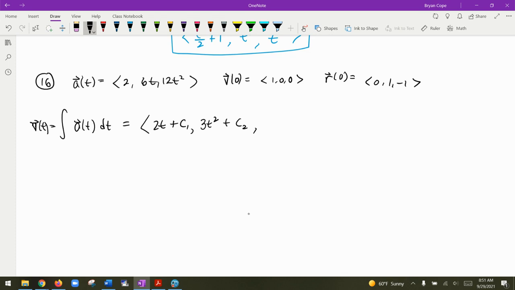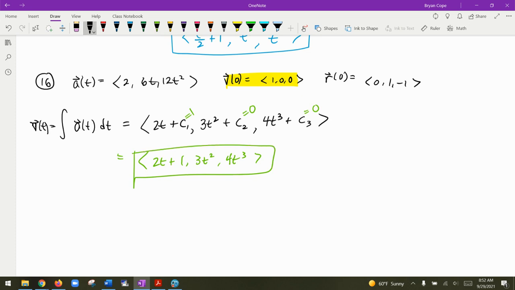And we have 4t cubed plus a constant. Using this fact that the velocity at time t equals 0 is 1, 0, 0, that requires c1 to be 1, c2 to be 0, and c3 to be 0. So our actual velocity vector is 2t plus 1, 3t squared, and 4t cubed.